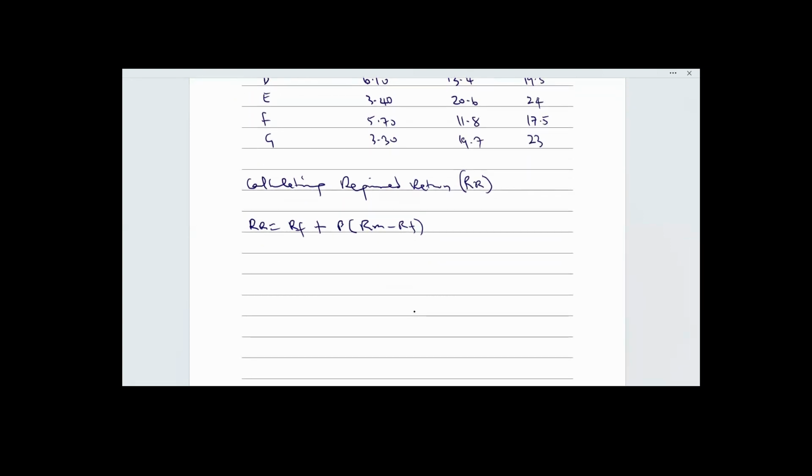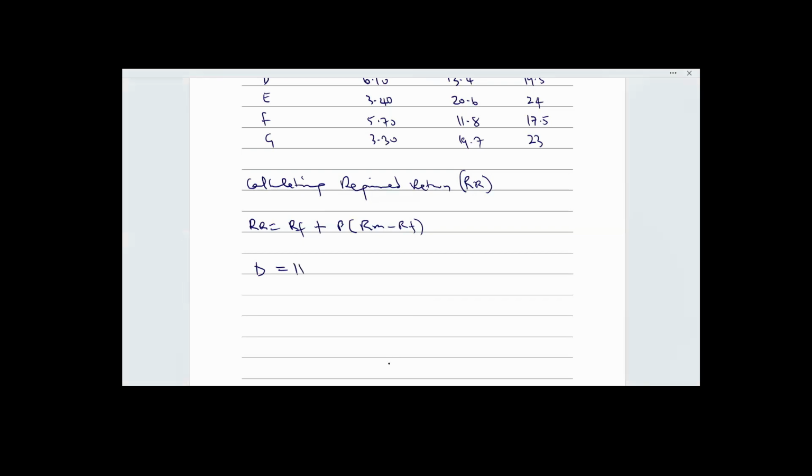For D, go back to the question. What's the risk-free rate of return? We are given the yield on treasury bill is 11%. So your risk-free rate of return is 11% because the risk-free rate of return is the rate arising from government security. Treasury bill is a government security, so that's 11%. Market return is also 19%.